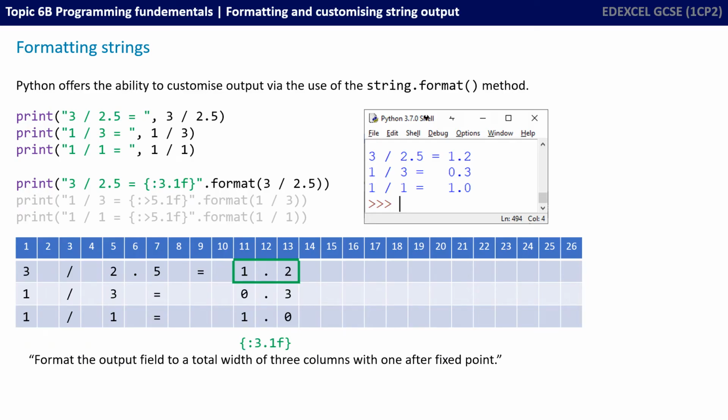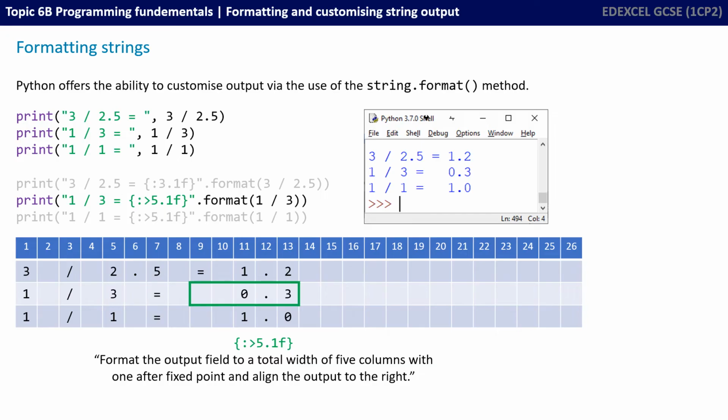So this first format specifier, 3.1f, is essentially saying format the output field to a total width of 3 columns with 1 after the fixed point. So that's the 3.1. Total columns of 3. We want a fixed point with 1 after the point. Now, as we mentioned, we technically wouldn't need to include that line because the result's exactly the same, but we're showing how we can still use it.